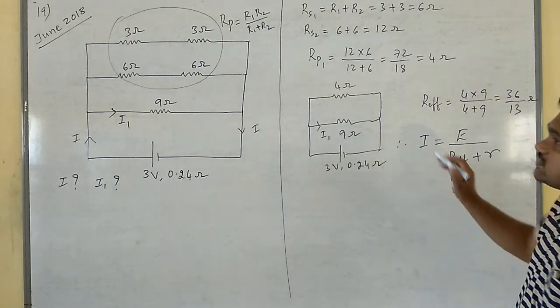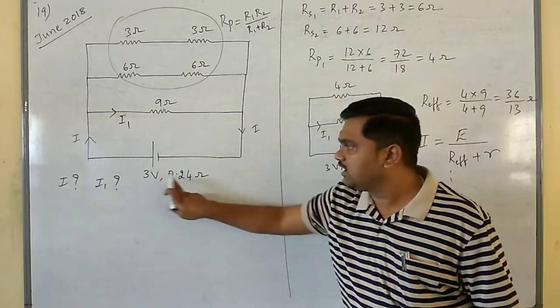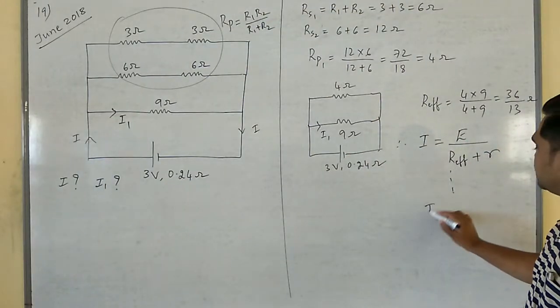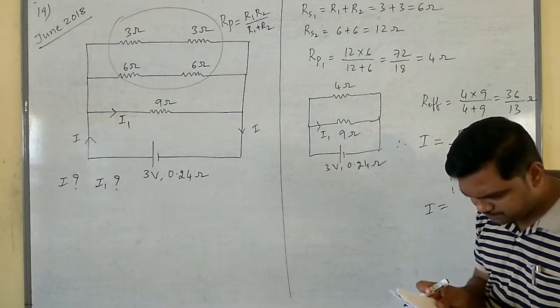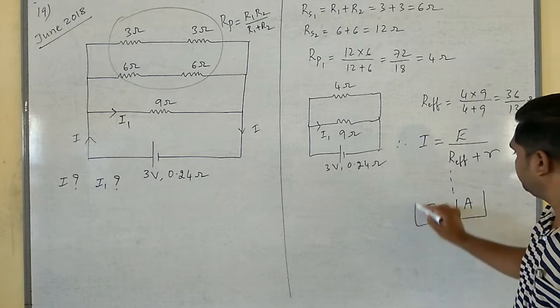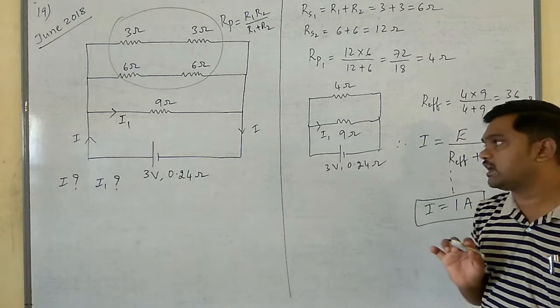So E is given 3 volt, small r is given 0.24 ohm. On simplification, you should get 1 ampere.